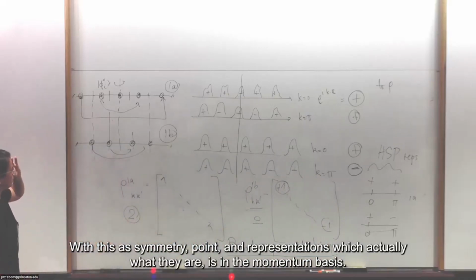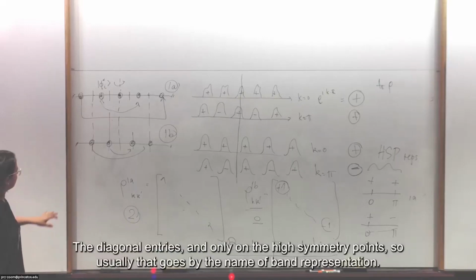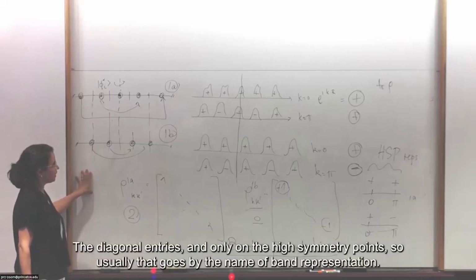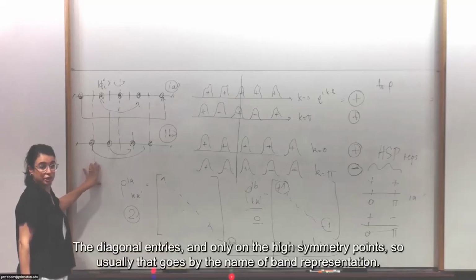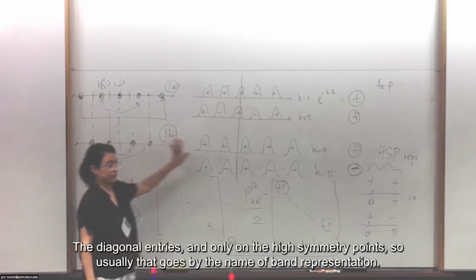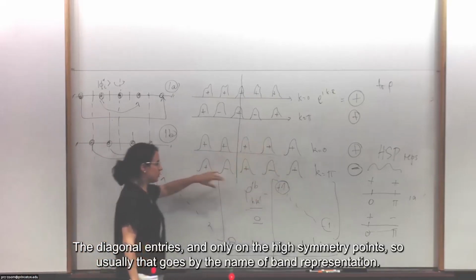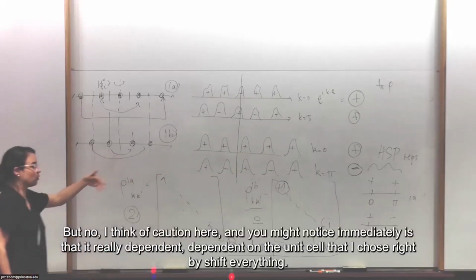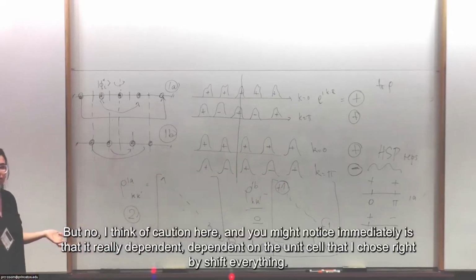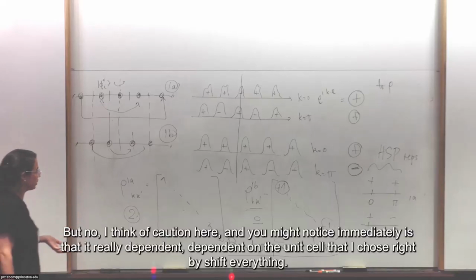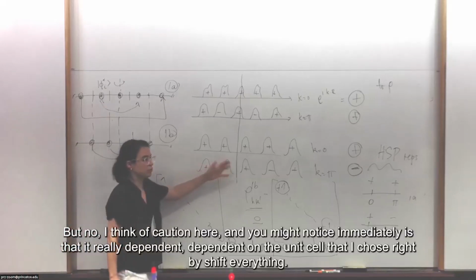But now, a word of caution here, and you might notice immediately, is that it really depended on the unit cell that I chose. If I shift everything, then all of this changes. So for all atomic bands, the whole distinction between atomic bands is really a relative distinction.